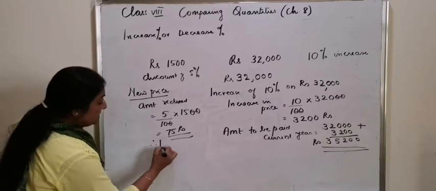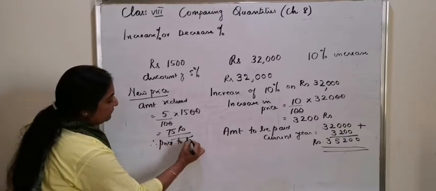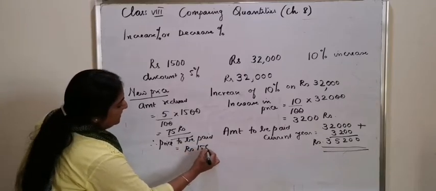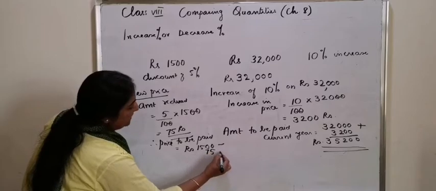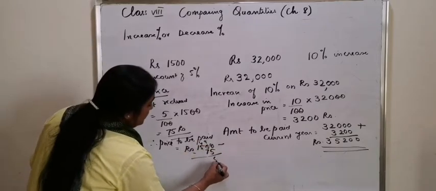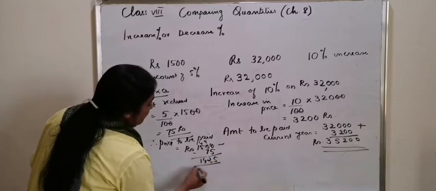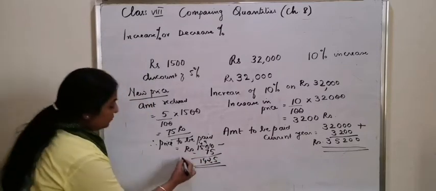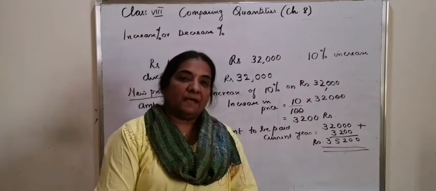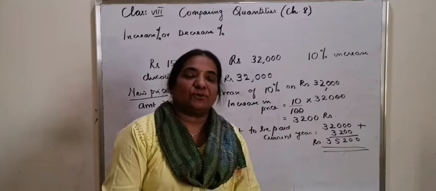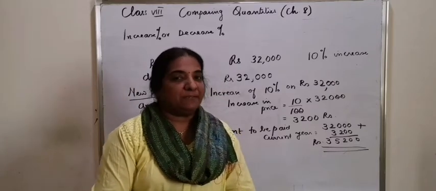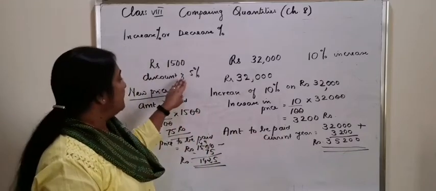So what is the price to be paid for the shirt? From rupees 1,500 the shopkeeper reduced 75 rupees, which gives 1,425 rupees. That means six months back it was 1,500 rupees, and now due to the stock increase or the material not being sold off, he kept a reduction, he kept a discount.